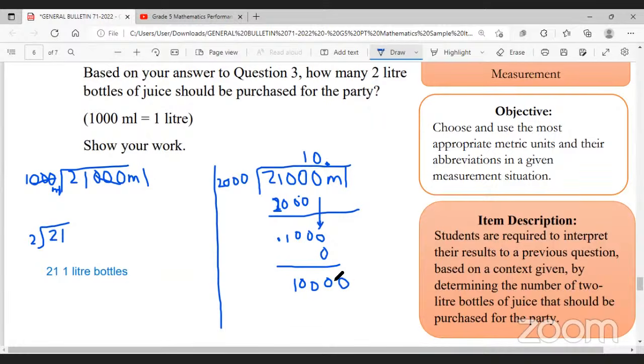Now, 2,000 into 10,000 will go 5 times, and 5 times 2,000 is 10,000. So we got 10.5. And we know this is complete here, so now we can just check back over here.